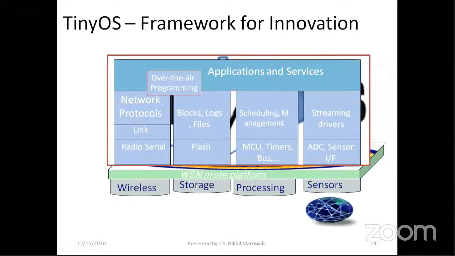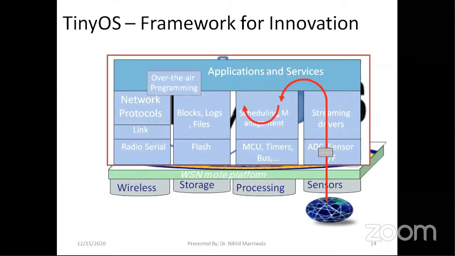If you see again, have a look over this. This is an important aspect of the framework for innovation that has been designed. Data once sensed has been streamed to the controller part through the application services. The MCU part is scheduling, managing, and processing them, and then it can store the information, so you'll see the data buffer being full, right?